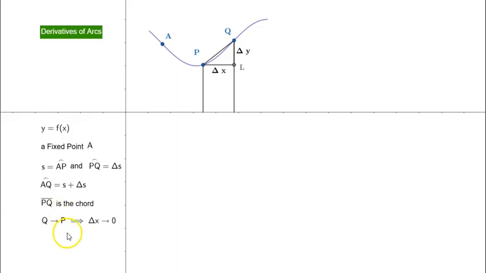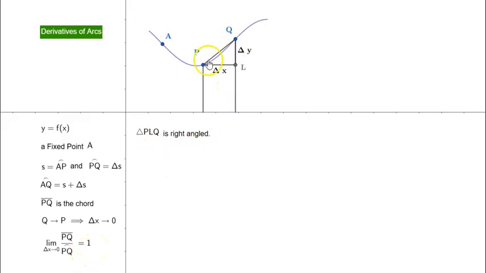As Q goes to P, so if we take this Q closer and closer to P, what will happen? Delta X tends to 0. So we can write it as a limit statement. Limit as delta X approaches 0, the chord PQ divided by the arc length PQ is equal to 1.